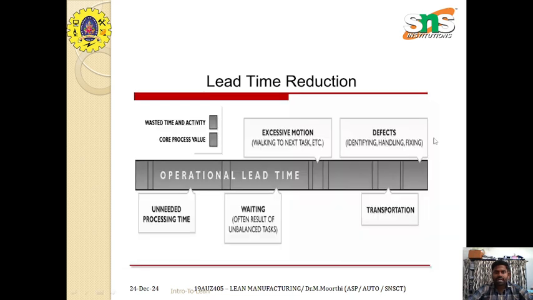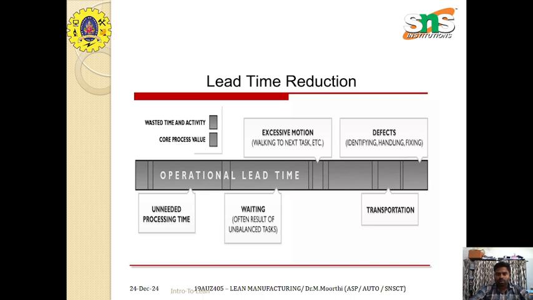Then, lead time reduction. First is wasted time and activity versus core process value. It starts with excessive motion, walking to the next task. Once production starts, there are a number of steps for a single product during the entire manufacturing time.